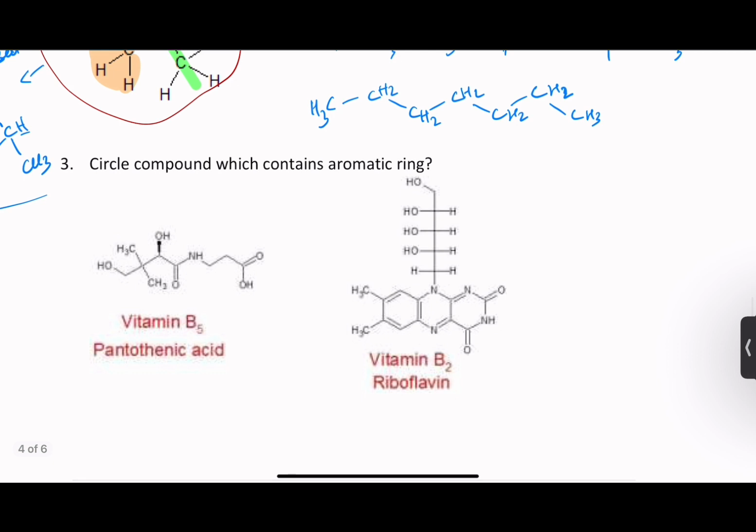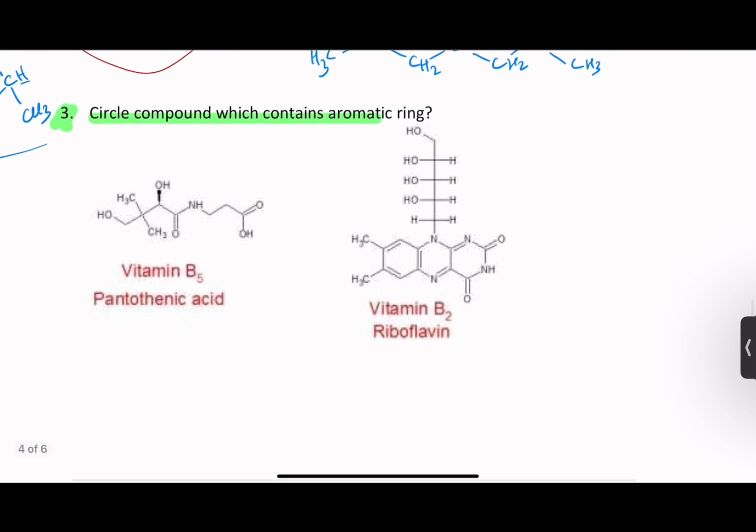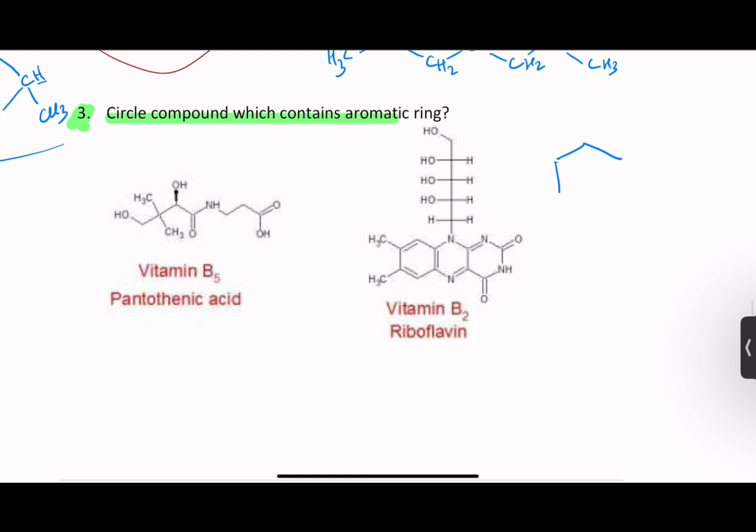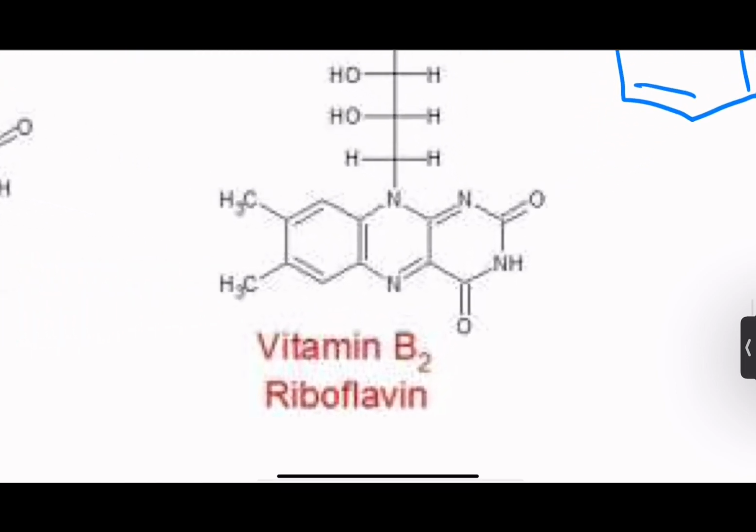Now, question 3, it's asking us circle a compound which contains aromatic ring. Aromatic ring, I told you guys that it needs to have a cycle of 6 carbons with 3 double bonds, okay? And if you can look into this one, I have 6 carbons here, okay?